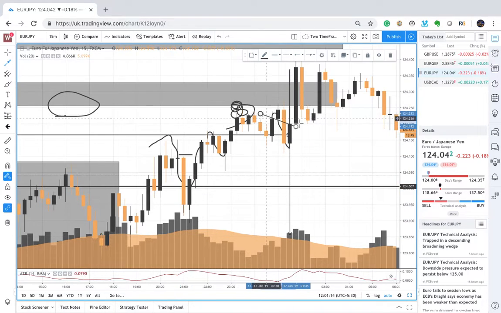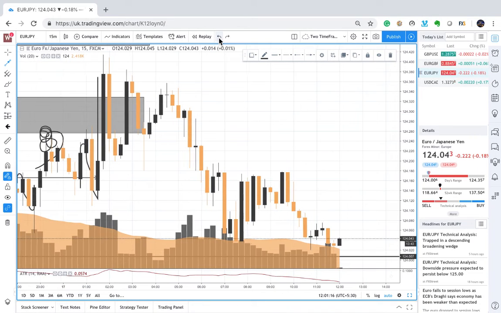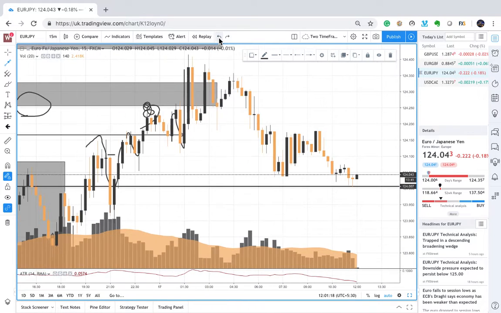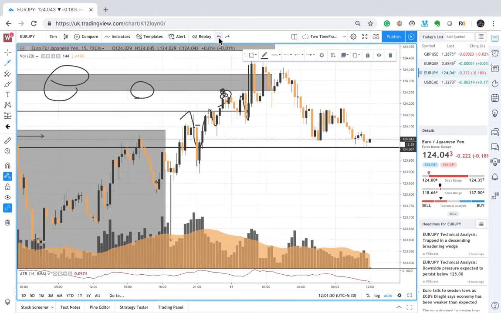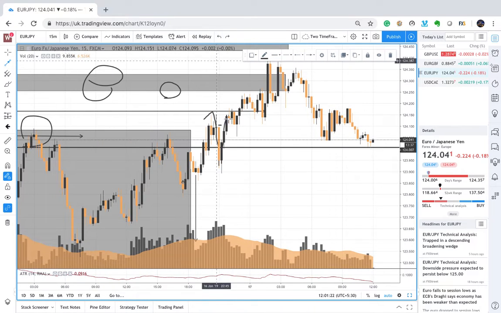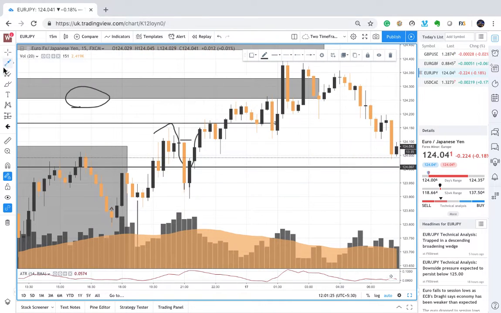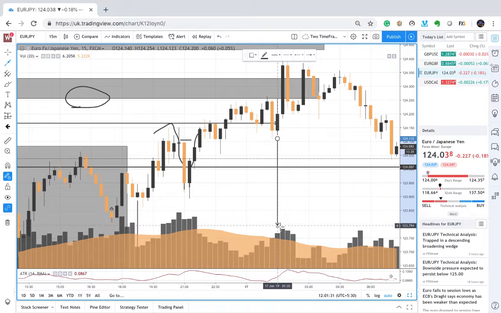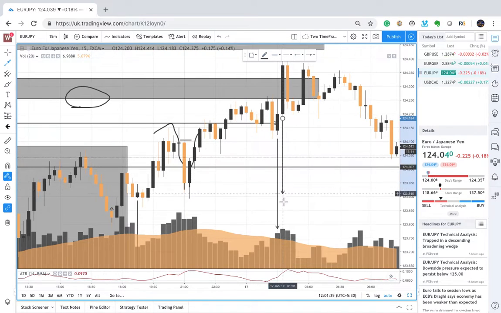Let me clear this stuff first, hold a second. Okay, here, this consists of this volume. Suddenly the second move happened here with almost similar volume, not too much.